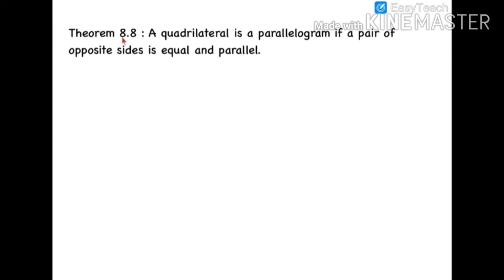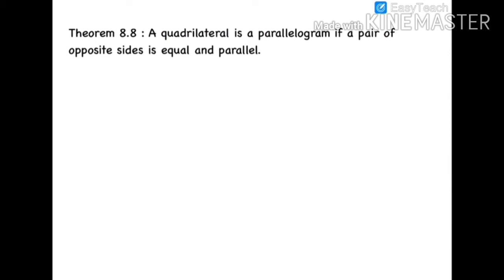Theorem 8.8 is the last theorem based on the properties of a parallelogram. A quadrilateral is a parallelogram if a pair of opposite sides is equal and parallel. This is also another condition for a quadrilateral to be a parallelogram, which we are going to use in the exercise.